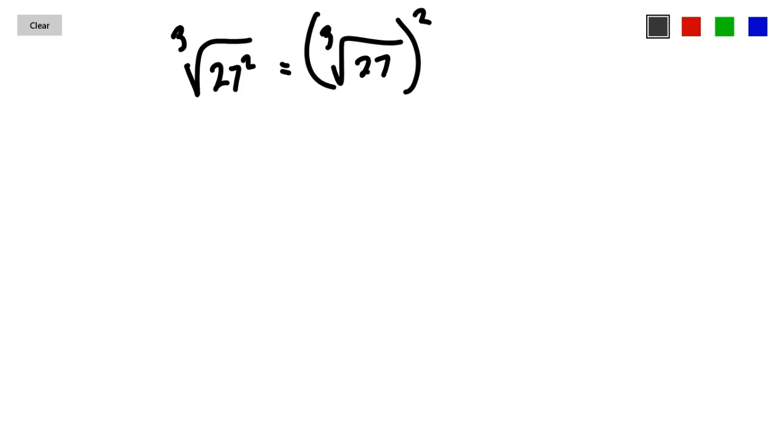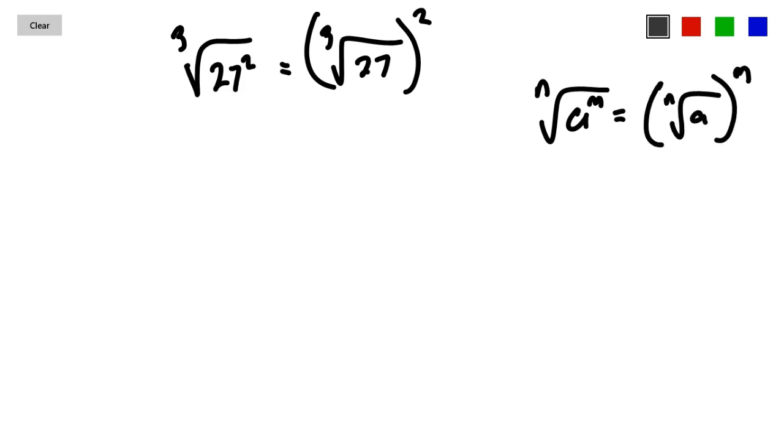And this is due to one of the properties of radicals, that if you have some number to some root and that number is raised to a power, this is the same as writing the root of that number raised to the power. So in this example, we have the cube root of 27 raised to the second power. Well, the cube root of 27 is just the number 9. So we have the 9 raised to the second power, and that gives us 81.